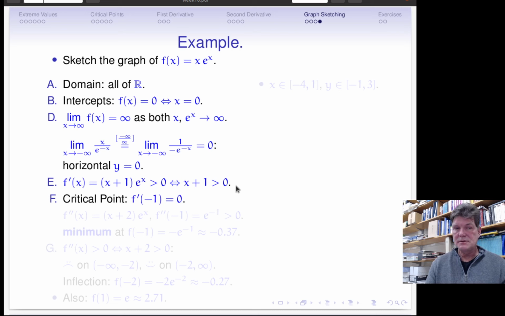So that determines the interval where this function is increasing and it's decreasing on the rest. Also, this determines the critical point, minus 1, as the 0 of the derivative.